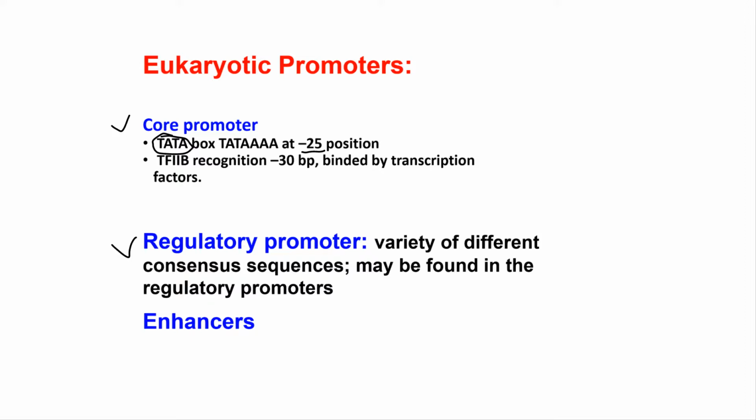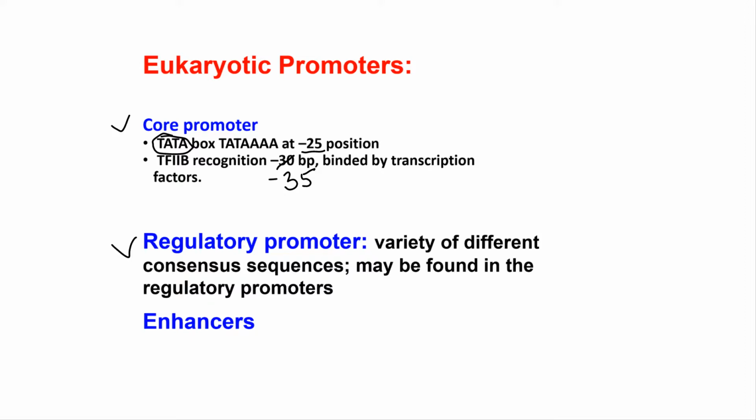The TATA box is the place where TBP, the TATA-binding protein, binds and starts to unwind DNA. In addition, at position -35 base pair, there is the TFIIB recognition element, or consensus sequence, where the general transcription factor TFIIB binds.